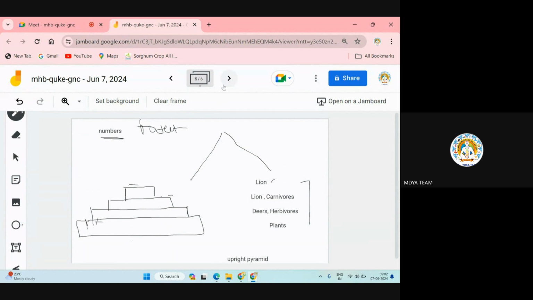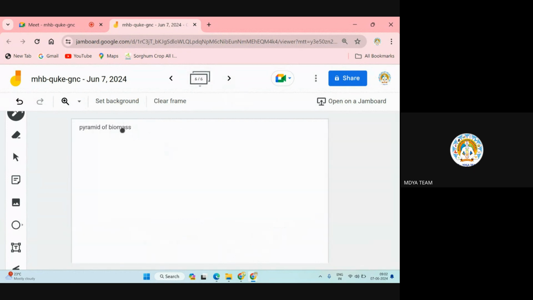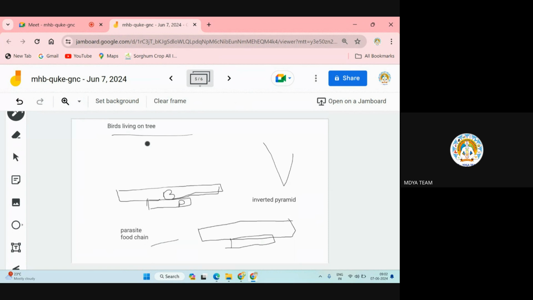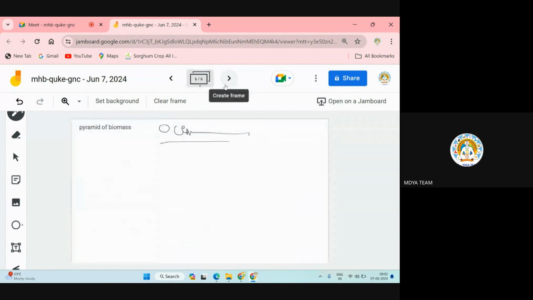But if we talk about the pyramid of biomass in the ocean, two or three things they usually ask in exam, which are like contradictions. The first contradiction is this: the parasitic food chain or birds living in a tree, it's inverted. Second, the pyramid of biomass. For example, zooplankton: even though they are crores in number, their weight is very less.